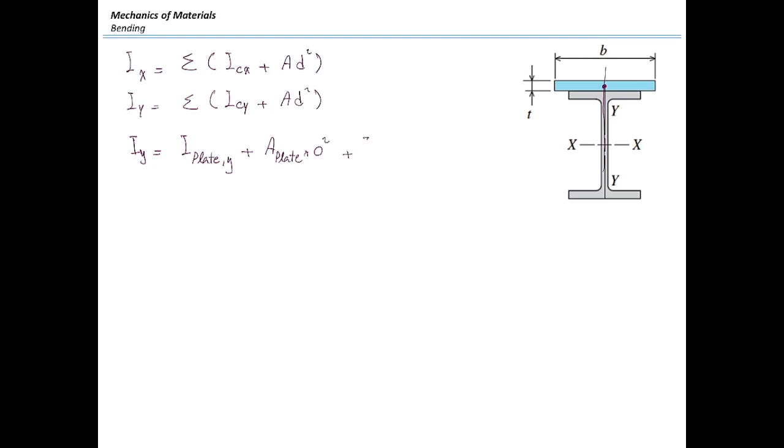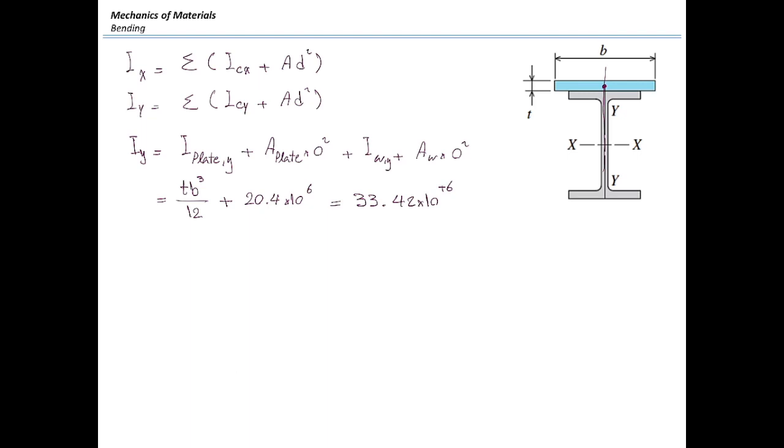Similar to that, I'm going to write down the second part, moment of inertia of the W shape about the centroid y-axis, and area of the W shape multiplied by 0 squared. So we don't need to determine the area in the second term. We just need to determine the moment of inertia about the y-axis. So that would be 33.42 times 10 to the 6. Alright, so this is the moment of inertia about the y-axis.